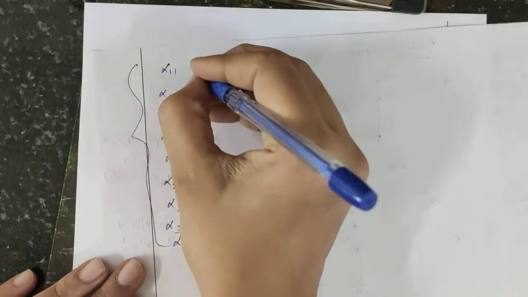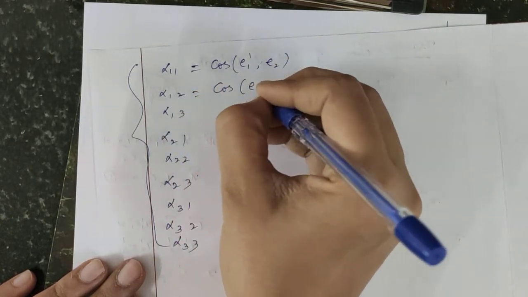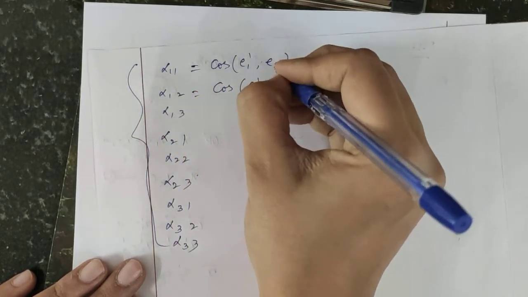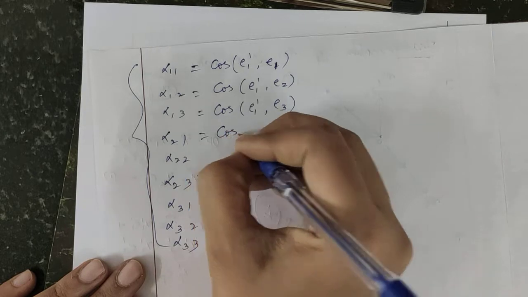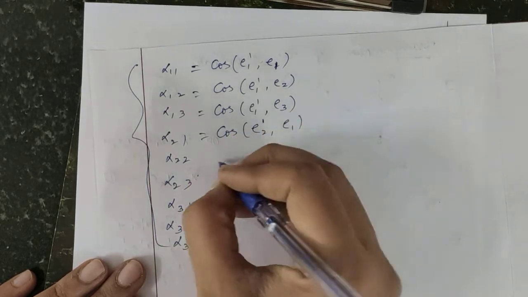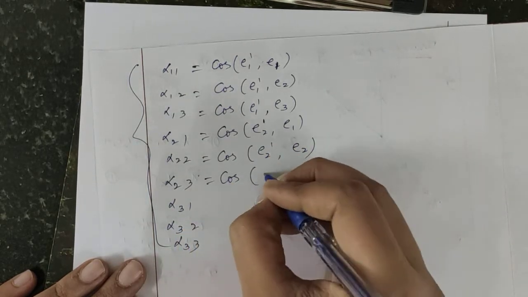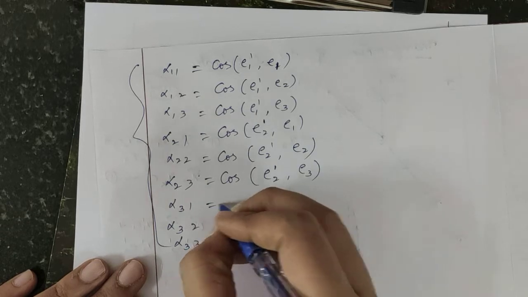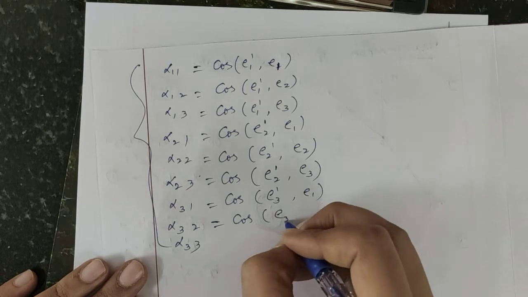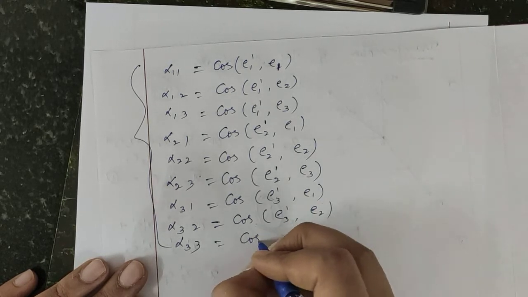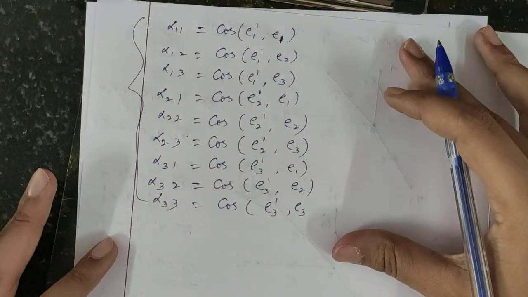So for all these combinations, we can write cos of E1 prime E1, cos of E1 prime E2, cos of E1 prime E3, cos of E2 prime E1, cos of E2 prime E2, cos of E2 prime E3, cos of E3 prime E1, cos of E3 prime E2, and cos of E3 prime E3. This is what we will get for all the combinations, right?